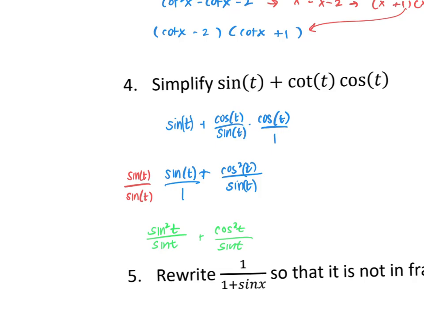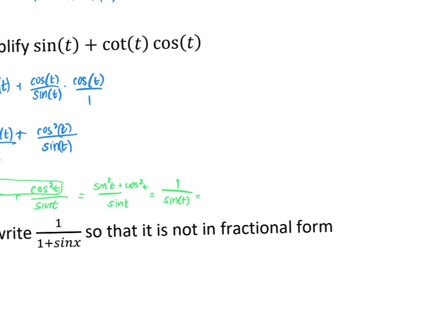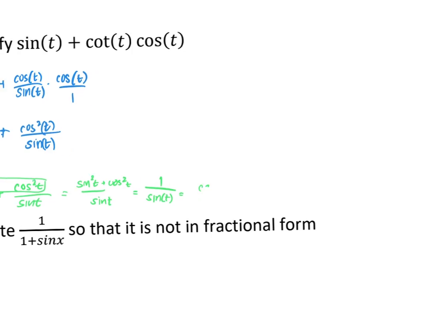And what do these equal if we add these fractions together? It equals 1. So we have 1 over sine of t. And the reciprocal of sine is cosecant. So that is our answer right there.